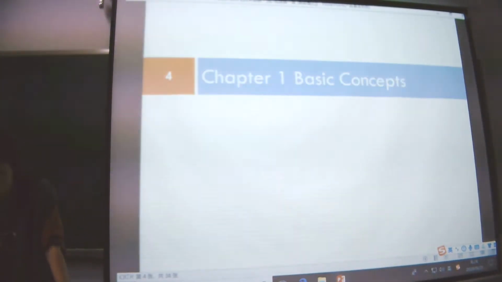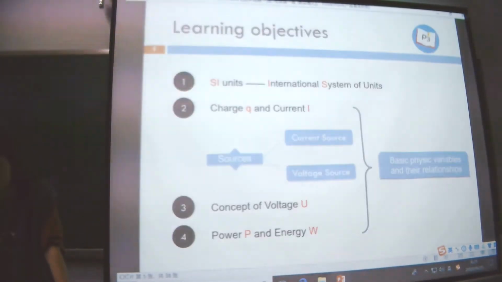Now, this first chapter is the basic concept. In this chapter, we should learn the SI units. Do you know SI units? And the charge and the current. Do you know what it is? It is the source of the electricity, right?